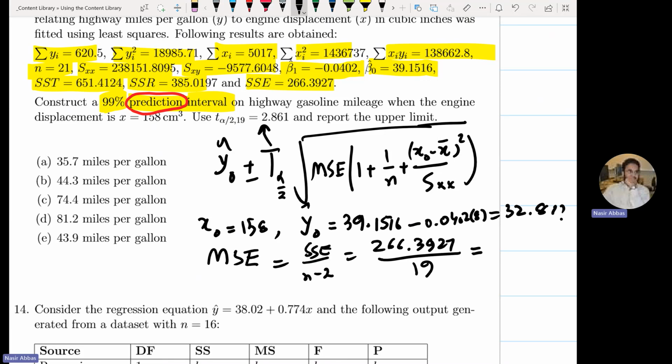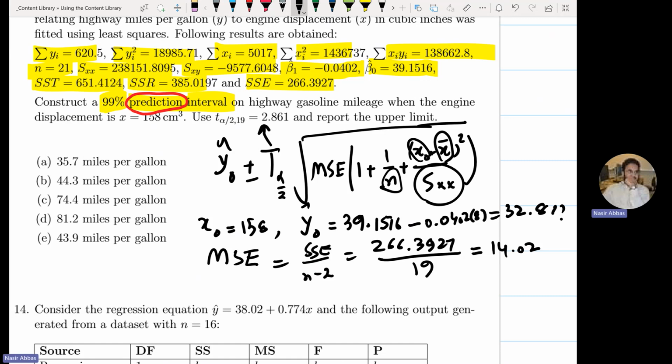You'll get MSE. Then the next thing is to find N. What is N? 21. Great. What is X naught? 158. What is X bar? How will you find X bar? Summation of X is given, N is given, so you will find X bar from there. How will you find SXX?